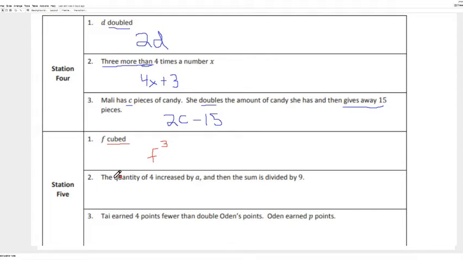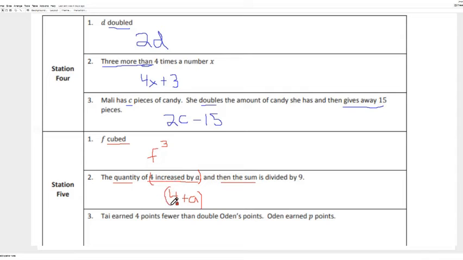But the next one, the quantity of 4 increased by A. So here you go again. Quantity means I have to do this first. So this is going to be in parentheses. And then the sum is divided by 9. So once again, it also says the sum over here. So I have to find the answer to 4 plus A first.